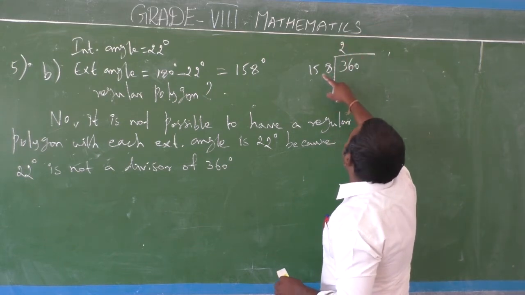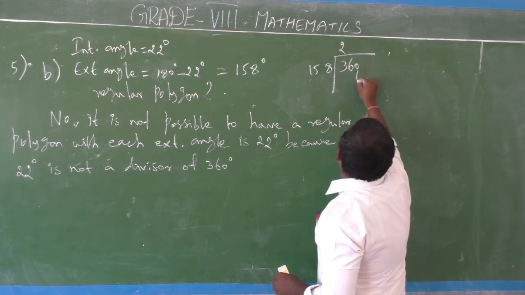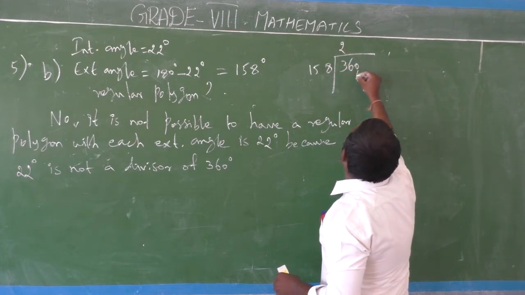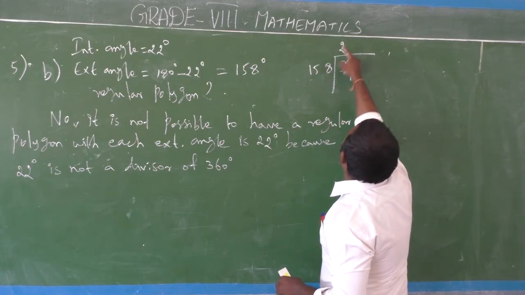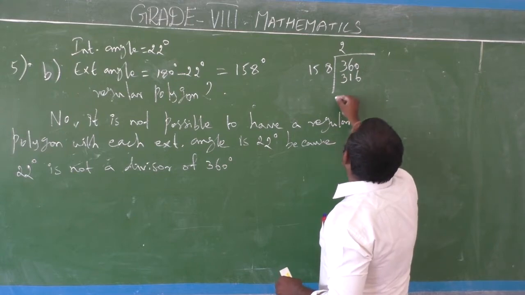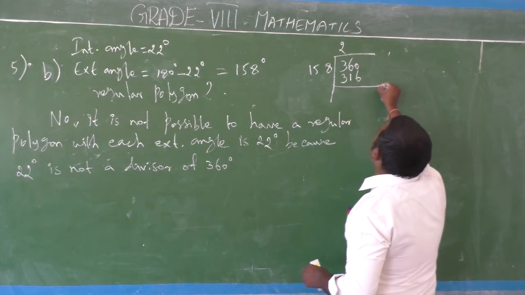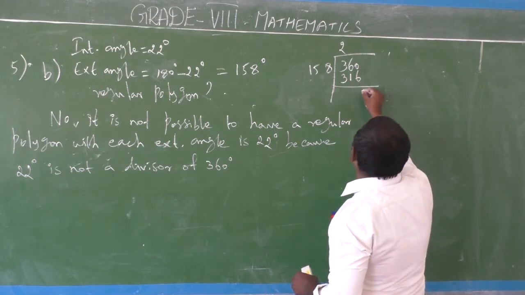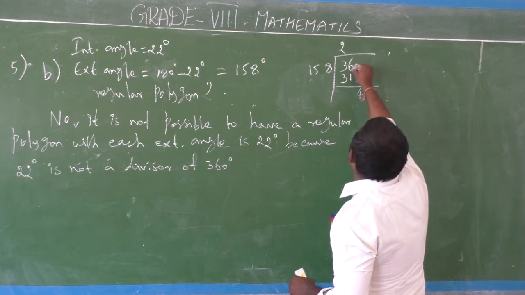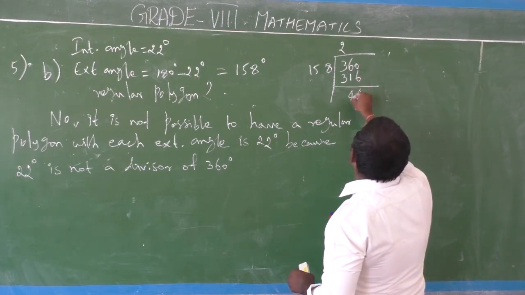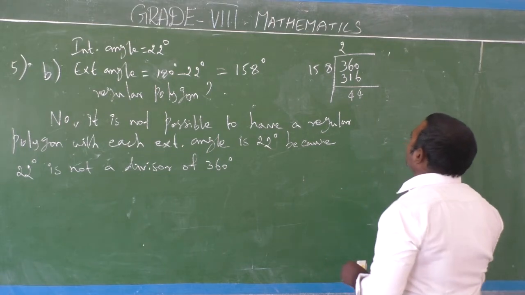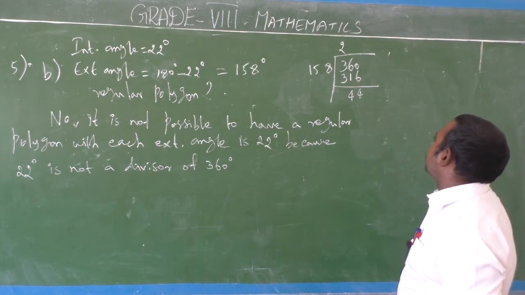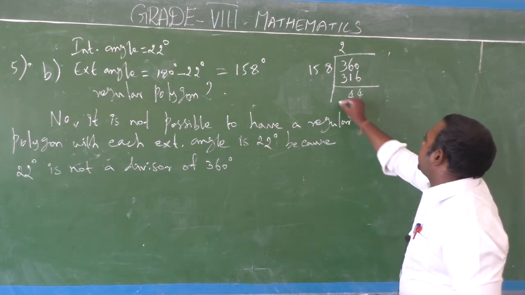Then subtracting 316 from 360, the remainder is 44.